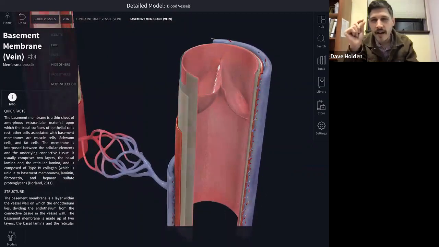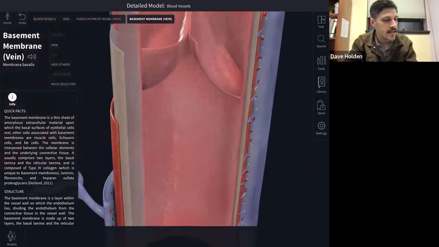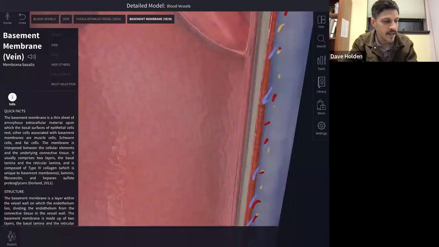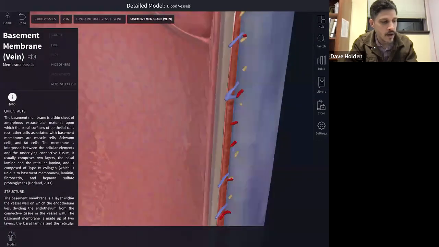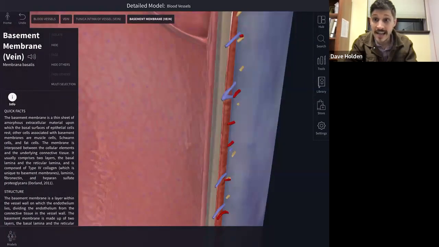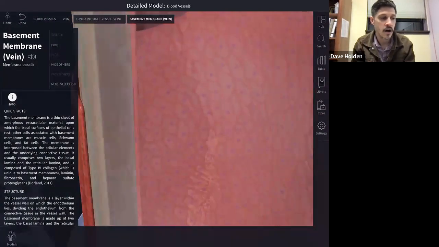And then another very tiny detail that you'll notice is that the walls of the vein themselves are studded with blood vessels and nerves. Nerves tell it when to constrict and stuff. But the blood vessels are for those cells. They do not get their blood supply from a vein. Vein is blue blood.